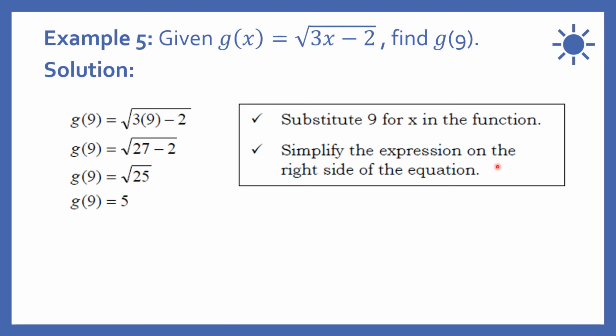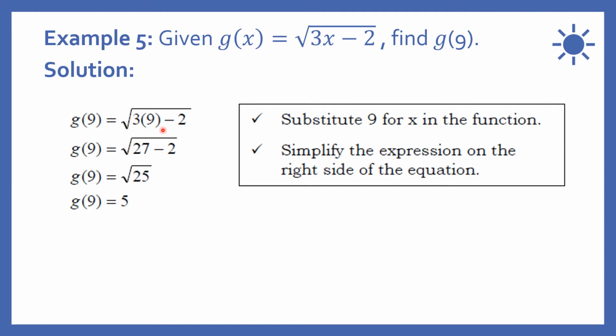And then, simplify the expression on the right side of the equation. So, g of 9 equals the square root of 3, palitan ito ng 9, times 9 minus 2. Tandaan niyo po, pag magkadikit silang dalawa, multiplication yan lagi. No? So, 3 times 9 minus 2.